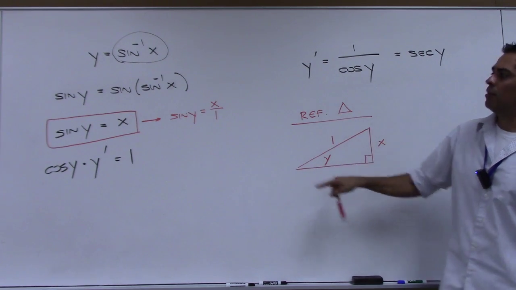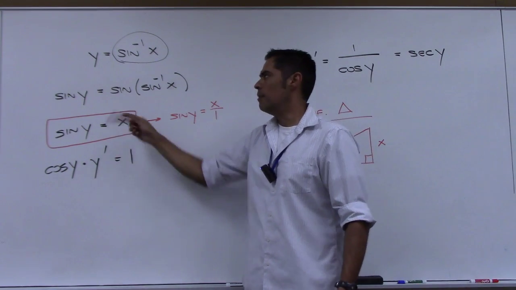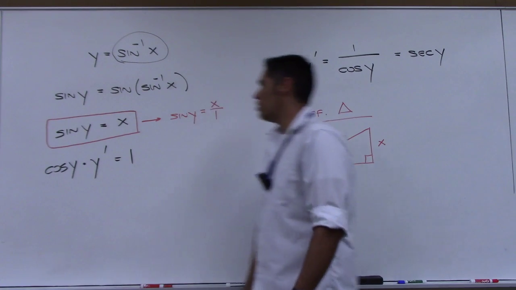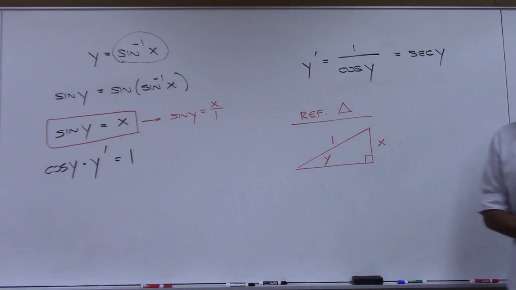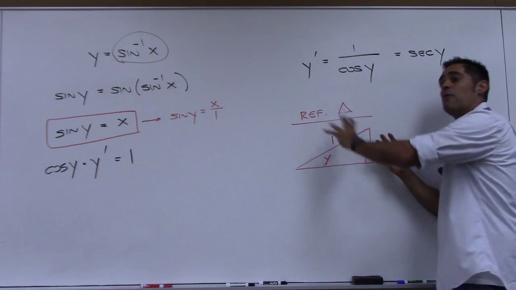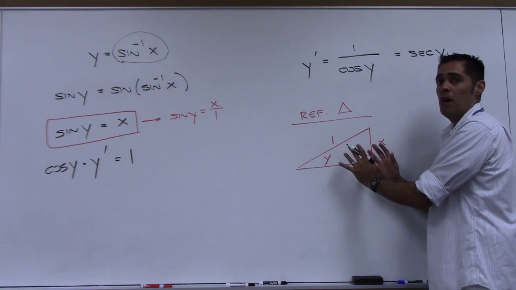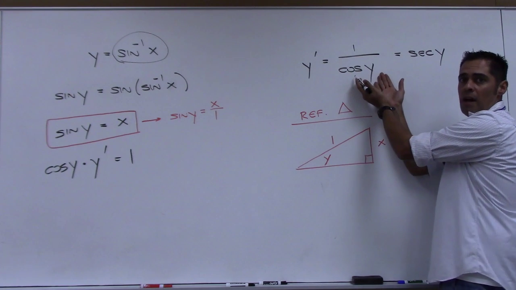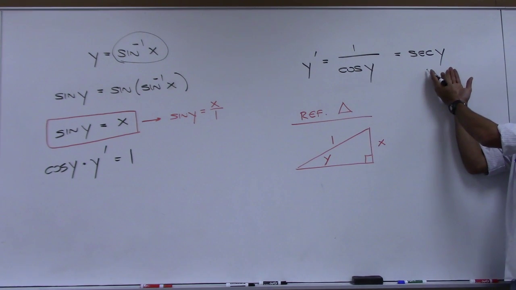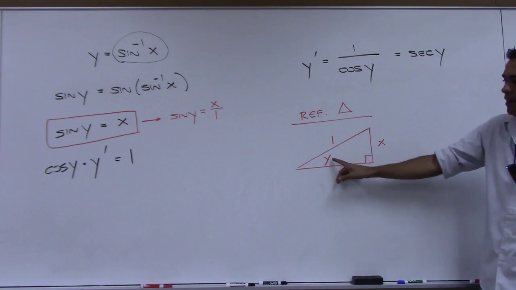So this equation is connected to this triangle now, and this is what I'm calling my reference triangle. I'm going to use this as a reference because what I'm interested in is what cosine of y is, or what secant of y is. Secant of y, same angle.